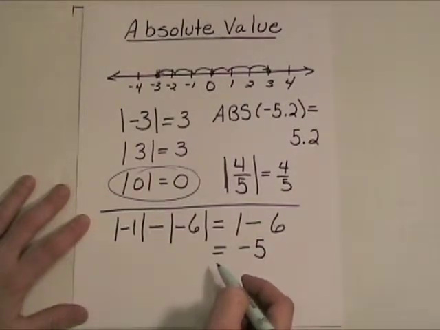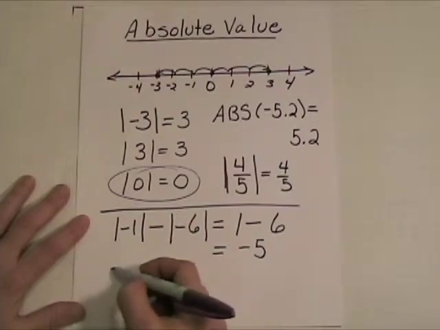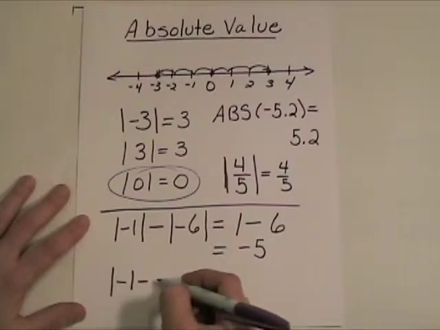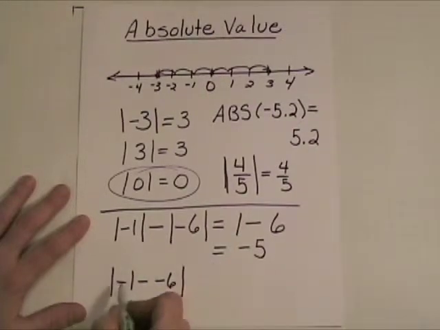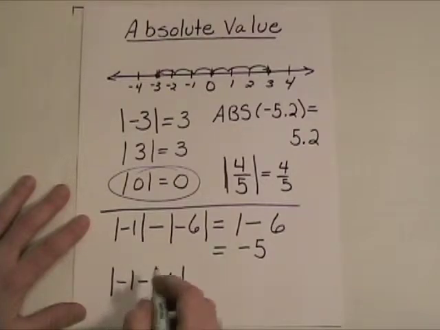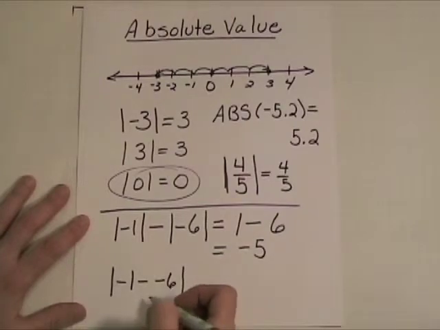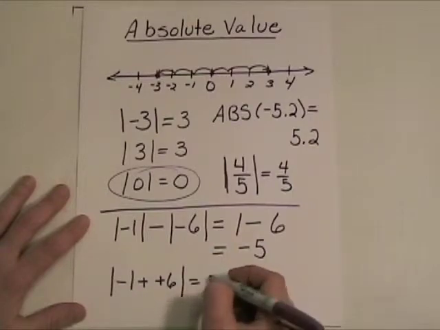Alright, well, what if we put these two inside one set of absolute value bars? What if we had -1 minus a -6? Okay, -1 minus a -6 inside of one set of absolute value bars would turn out to be -1 plus a +6, which is equal to 5.